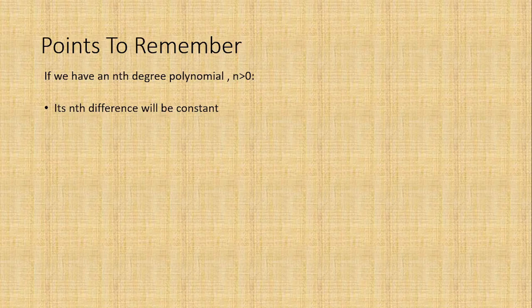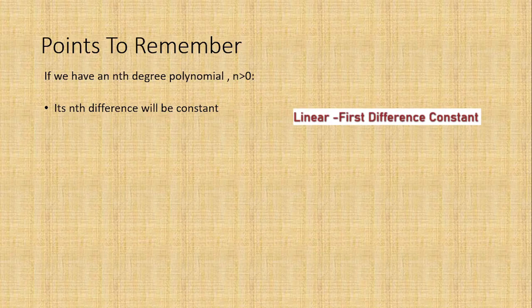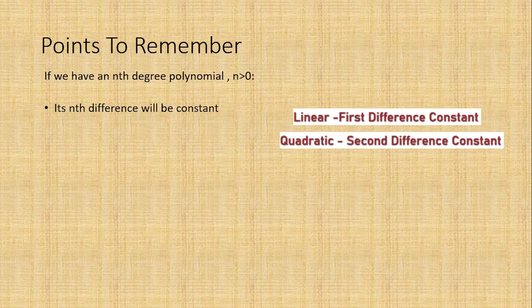First, its nth difference will be constant. If it's an nth degree polynomial, then its nth difference is constant. If it's a first degree polynomial, then the first difference will be constant. If it's a second degree polynomial, if it's a quadratic expression, in that case, its second difference will be constant.